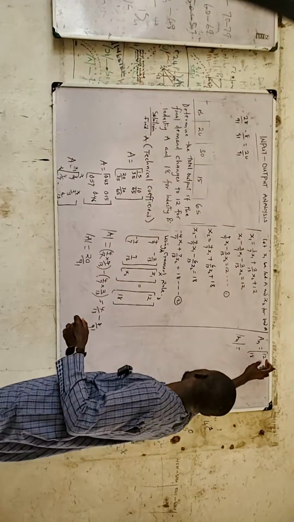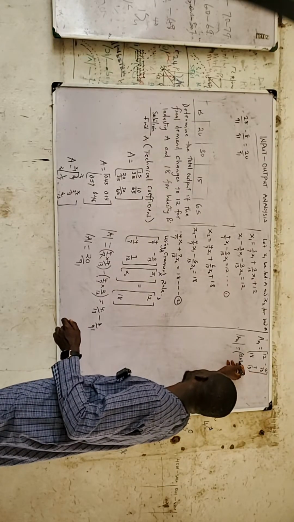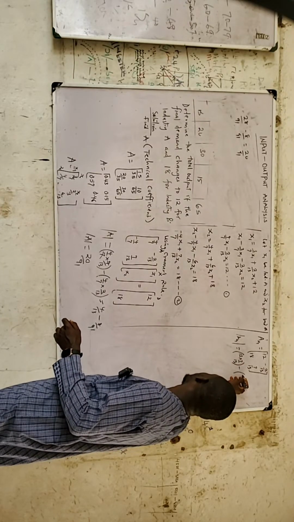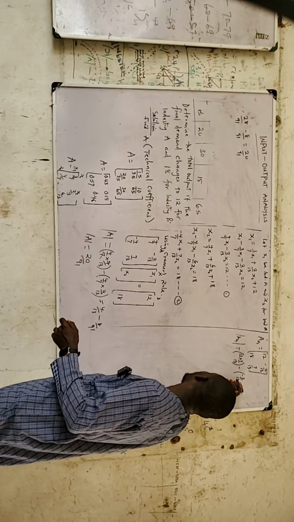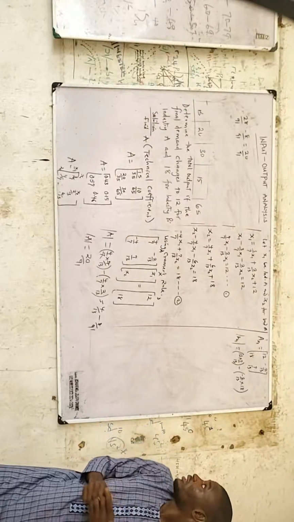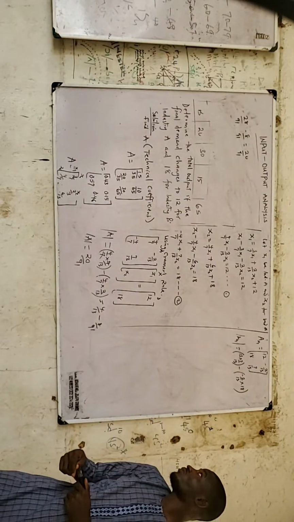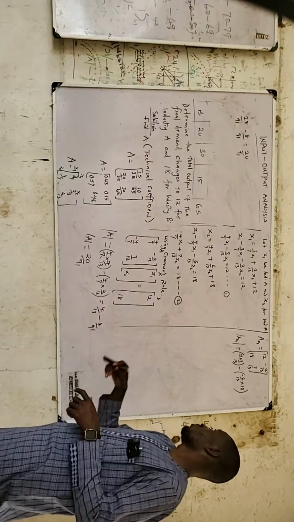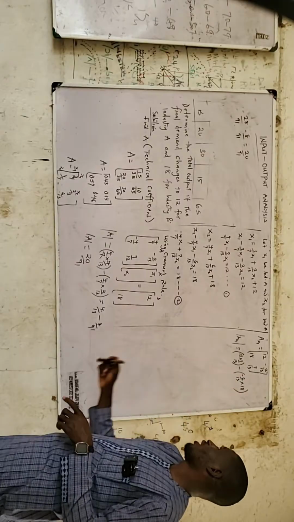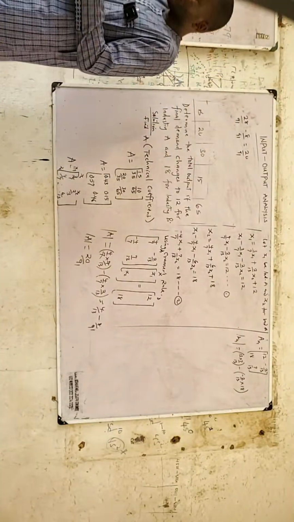So now, it's 12 times 7 over 13 minus negative 2 over 13 times 18. 12 times 7 is 84, so 84 over 13.